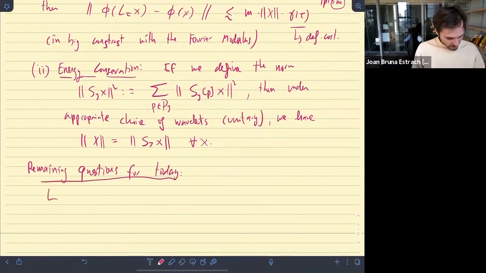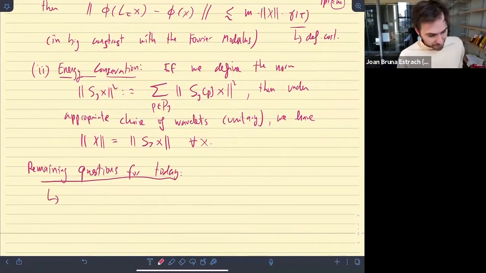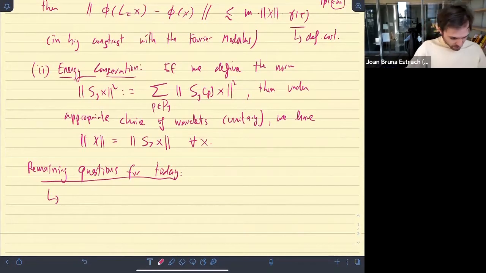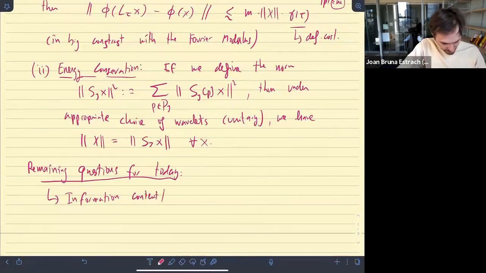We described how the energy conservation relates to the information content, or what we call the discriminability of the representation.